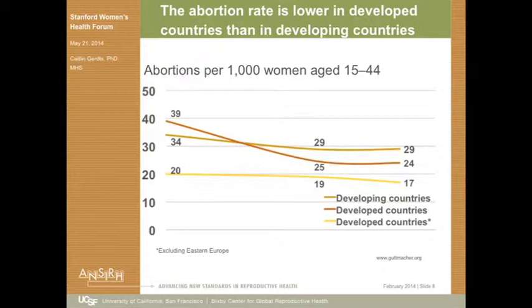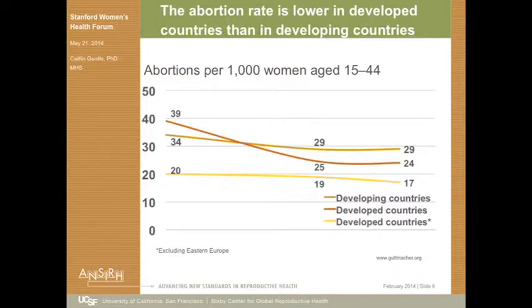But there are also problems with access to contraception. Stockouts happen quite frequently. And as we have seen the contraceptive prevalence plateau and funding for contraception plateau over the past few decades, the global abortion rate has also plateaued. As we saw, it was declining quite steadily.